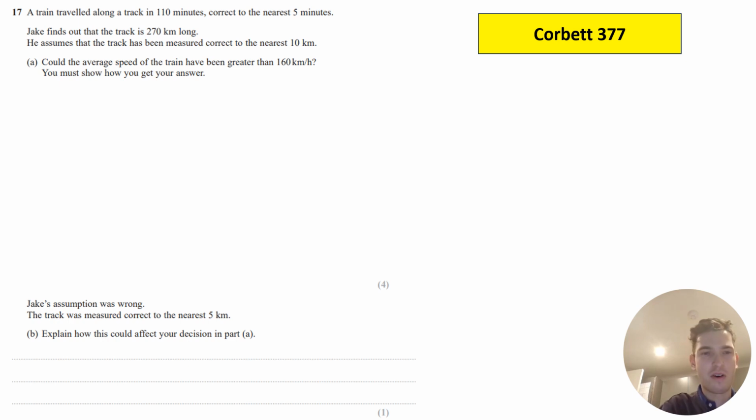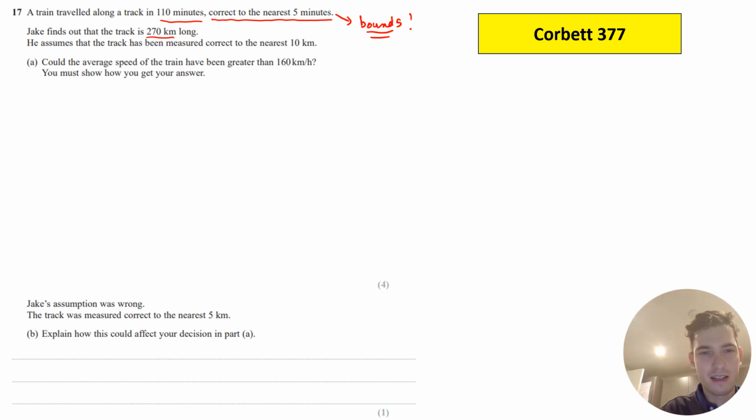Okay, question 17. So we've got a train that traveled along a track in 110 minutes, correct to the nearest 5 minutes. So straight away I am thinking, if it says correct to the nearest 5 minutes, this is definitely going to be a bounds question. Jake finds out that the track is 270 kilometers long.